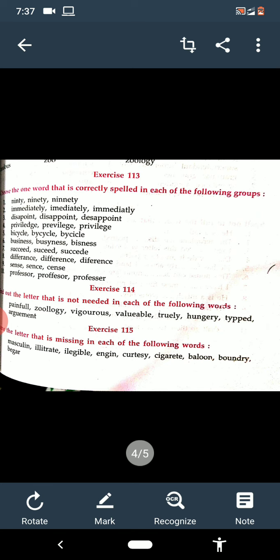Tell the spelling of bicycle. B-I-C-Y-C-L-E. Tell the spelling of businessman. B-U-S-I-N-E-S-S. Tell the spelling of difference.